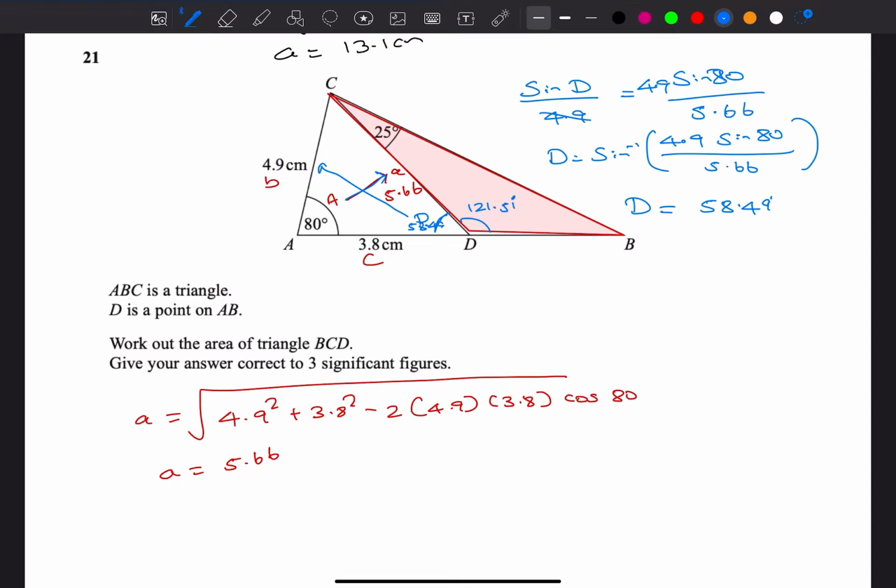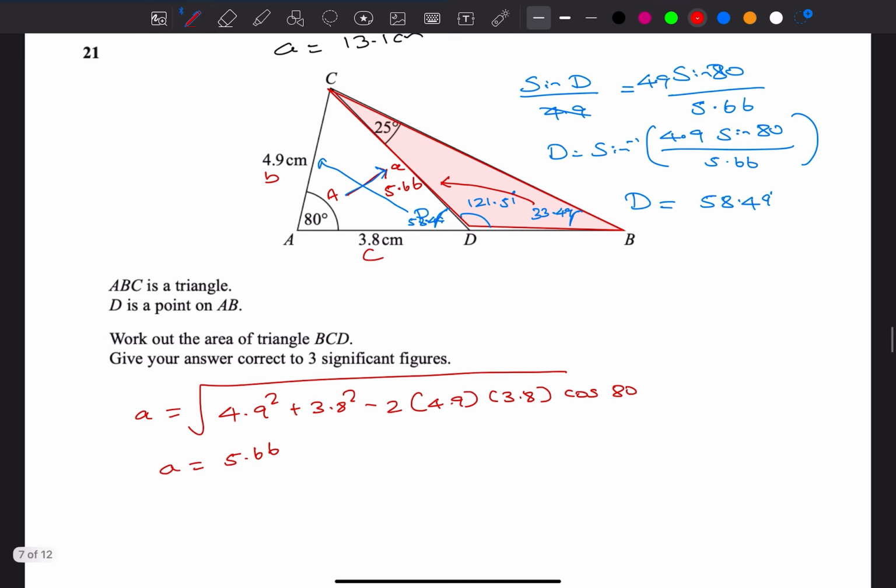Once we know that, we can work out this angle, which is 180 minus 25, take away that 121.51, which works out 33.49. Then this is opposite this. Then I can use this and work this out if I want. So what is that then?